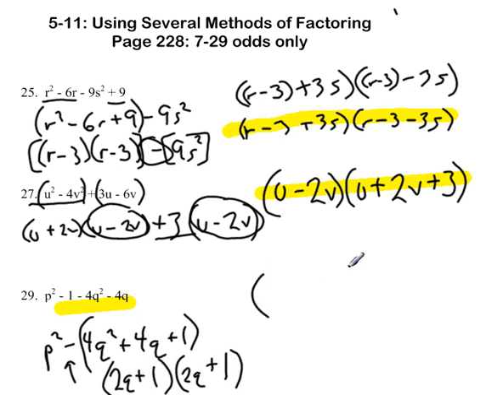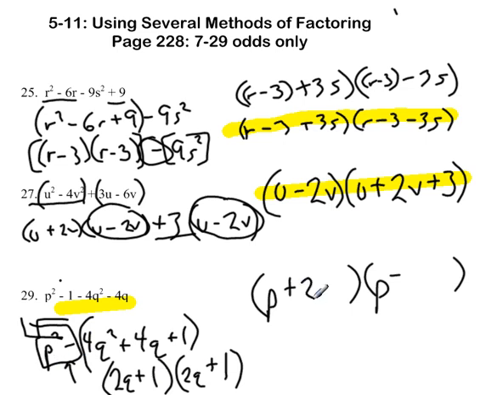So in my next step, p squared right here is p times p. Difference of two squares means one's a plus and one's a minus. Now that takes care of all of this portion. I'm running out of room on my tablet again here. Takes care of all of this. Now drop in a 2q plus 1 and a 2q plus 1 here as well.